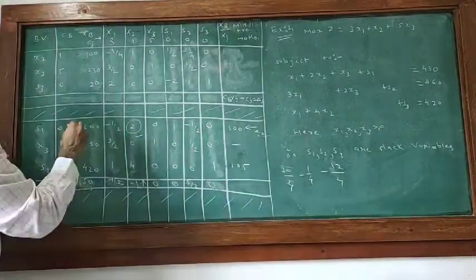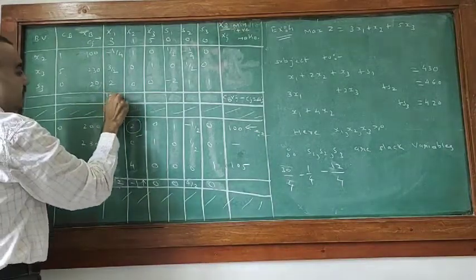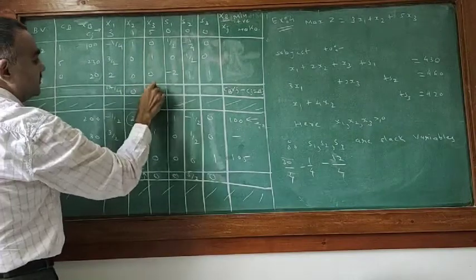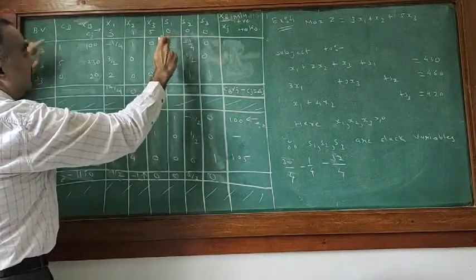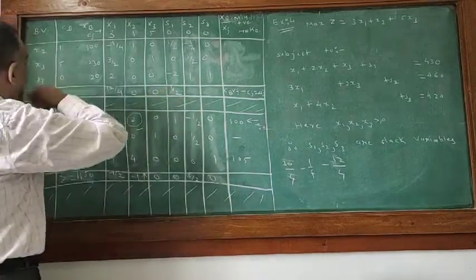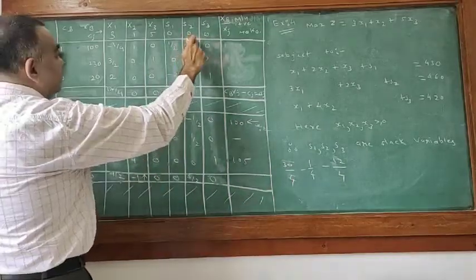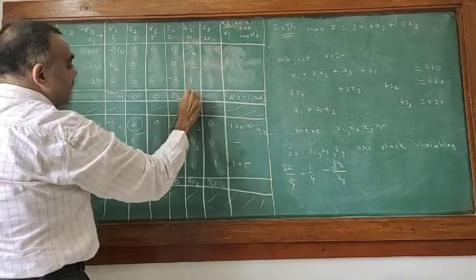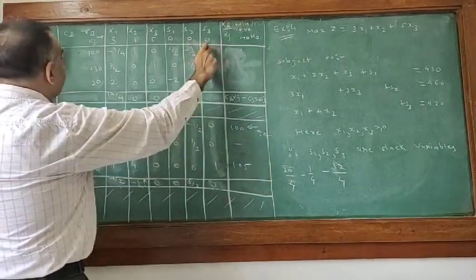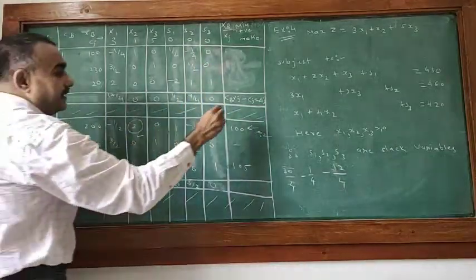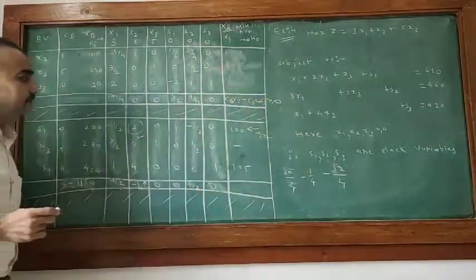So it is 17 by 4. It is 0. It is 0. 1 by 2, minus 1 by 4 plus 10 by 4, 9 by 4, 0, 0, 0. So all delta j greater than or equal to 0.